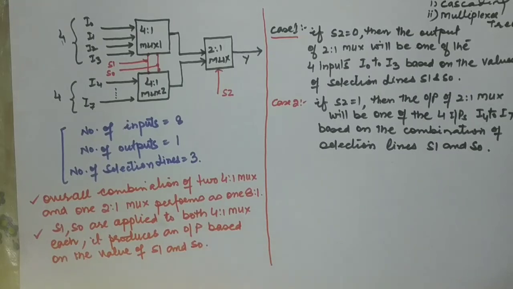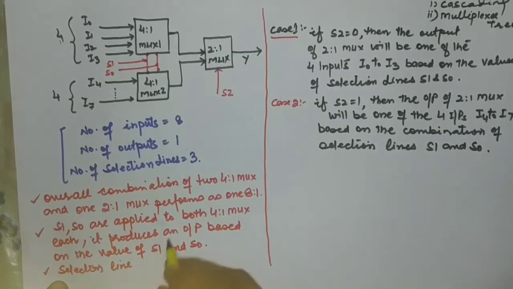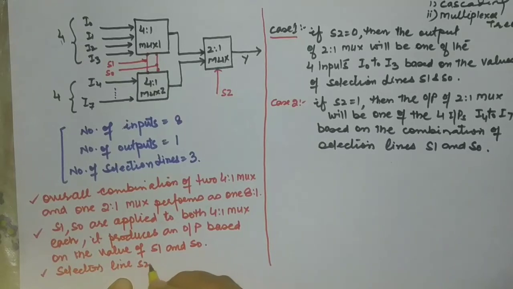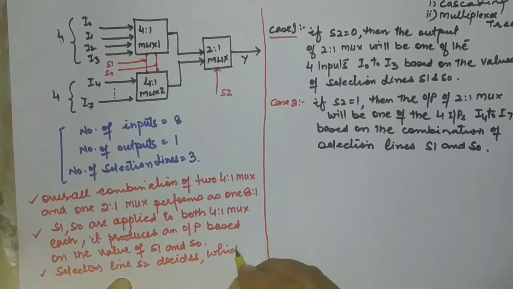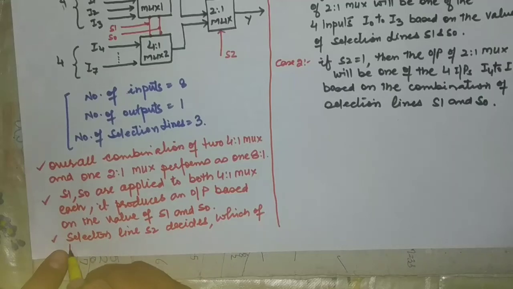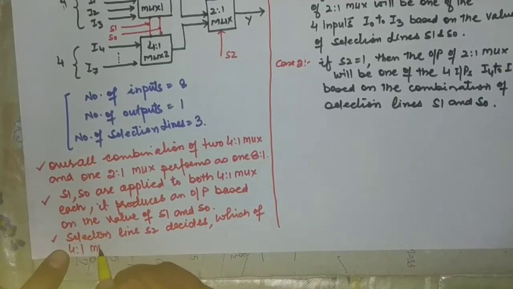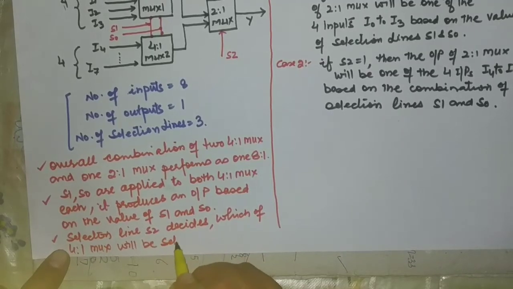Okay, and selection line S2 decides which of the 4 to 1 mux will be selected.